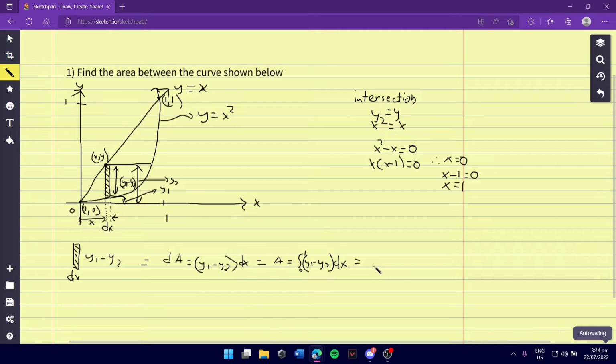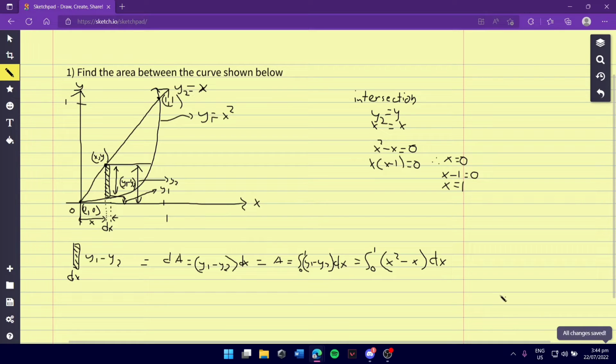Next, we will distribute the value of y1 and y2. So this will be the integral of y1. Since this is your y1 and this is your y2, y1 equals x squared and y2 equals x, times dx from 0 to 1.